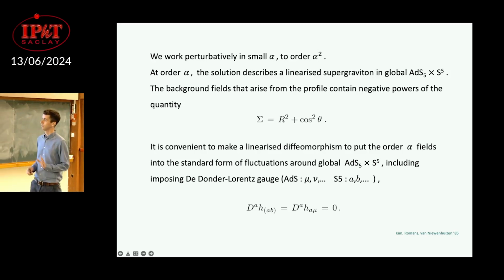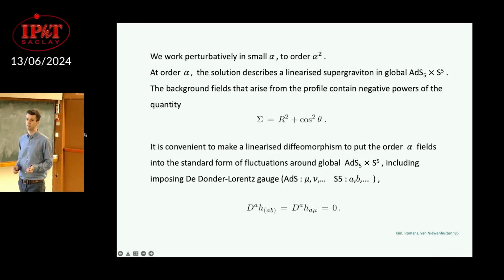If we just look at first order in alpha, this solution describes a linearized supergraviton around the vacuum. When one computes the background from the LLM description, we get powers of this quantity sigma equals r squared plus cosine squared theta, which is not a particularly convenient formulation of the solution.